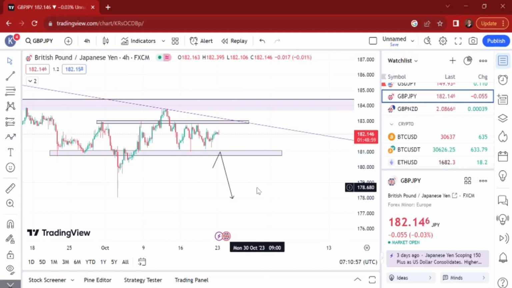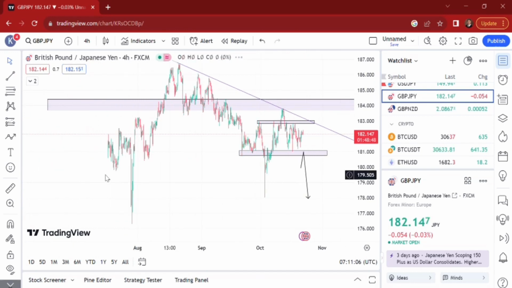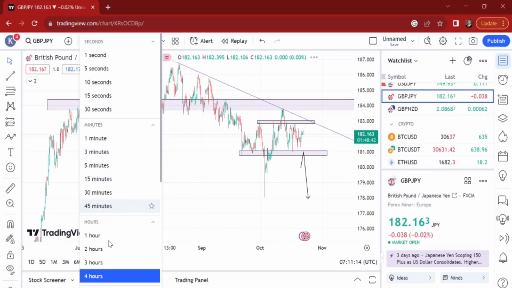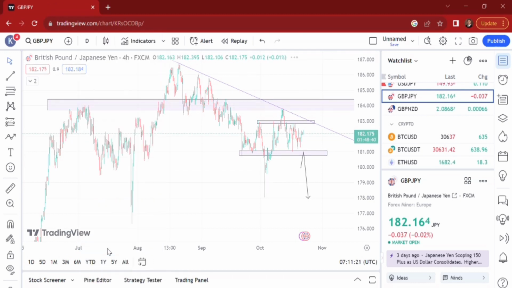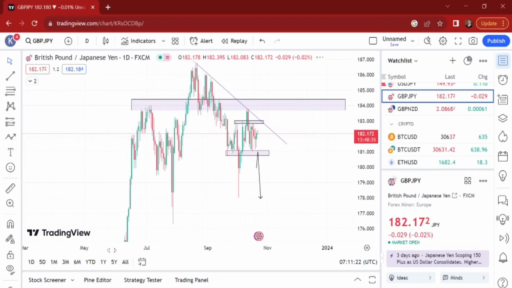If not, then maybe price might break this zone, but most definitely, because of the formal neck and shoulder pattern we saw on the daily time frame, I told you guys that whenever you see a neck and shoulder pattern, just know that it's a reversal chart pattern.